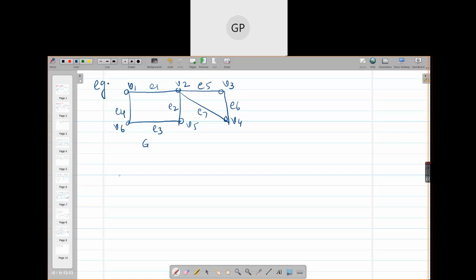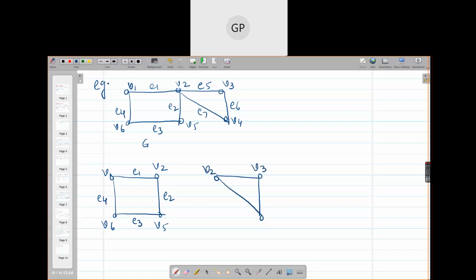This is my G. Now I am drawing three subgraphs. This is G1, G2 and G3.